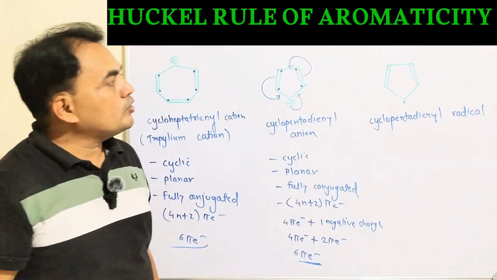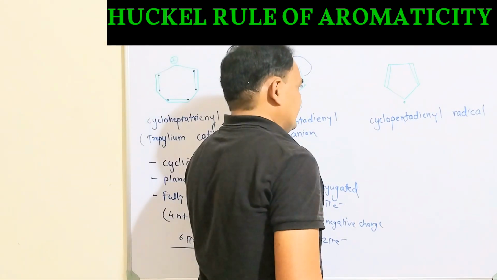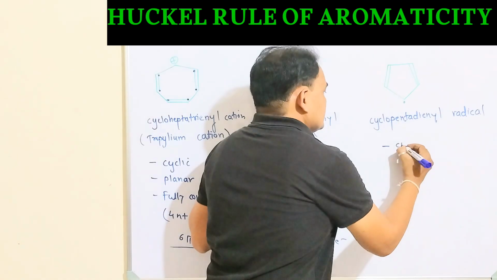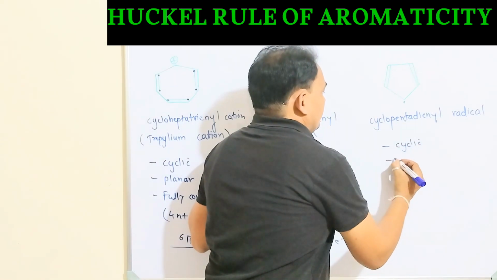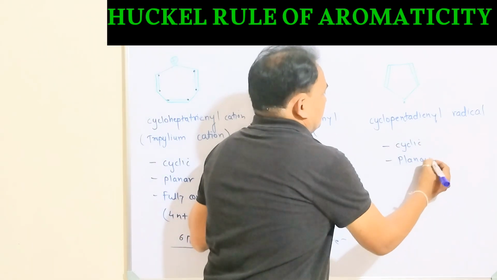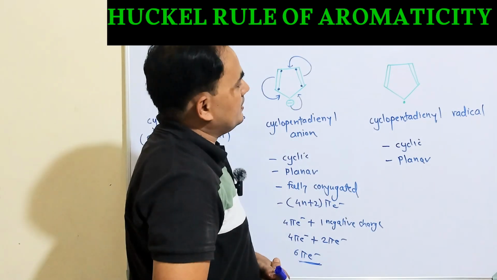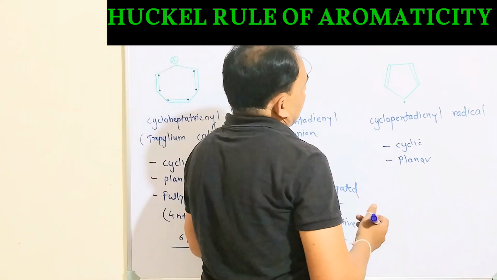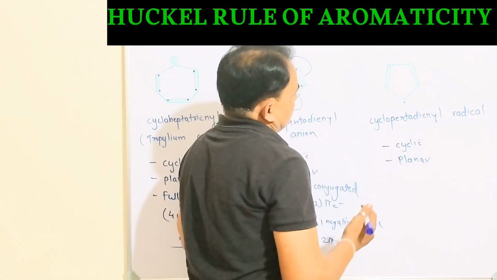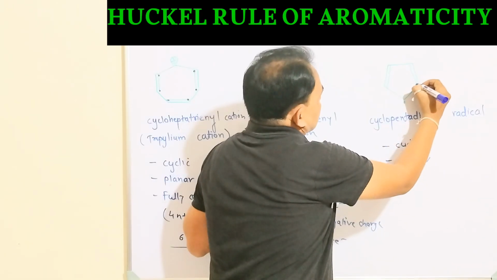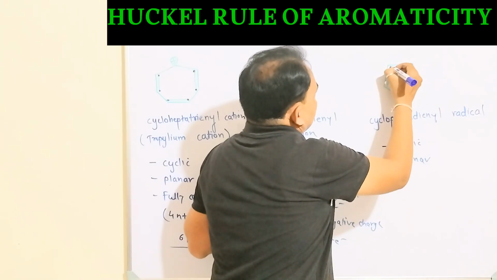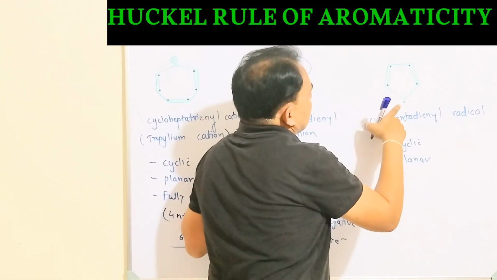Now we see here the cyclopentadienyl radical. It is cyclic and planar, but here we cannot see conjugation. There is no conjugation. How many pi electrons are there? 1, 2, 3, 4, and here is a radical.